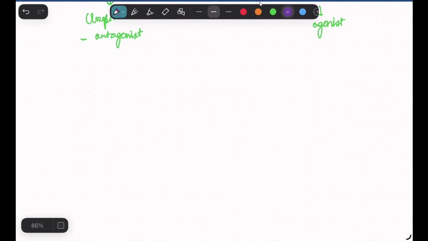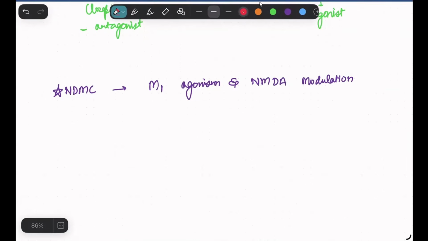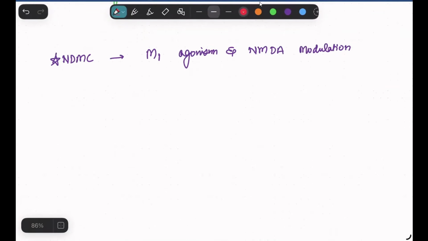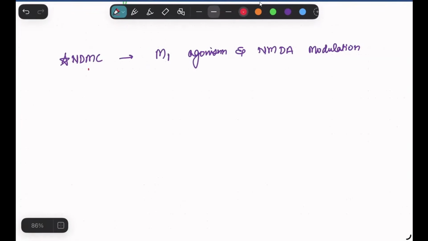So now we'll be discussing the NDMC action, that is M1 agonism, and at the same time it causes NMDA modulation. This is very important for you to remember because it is sometimes asked. What does NDMC do?